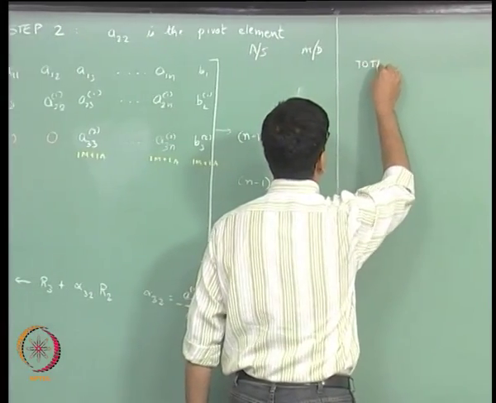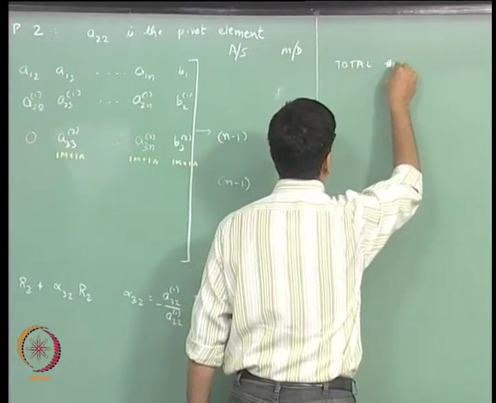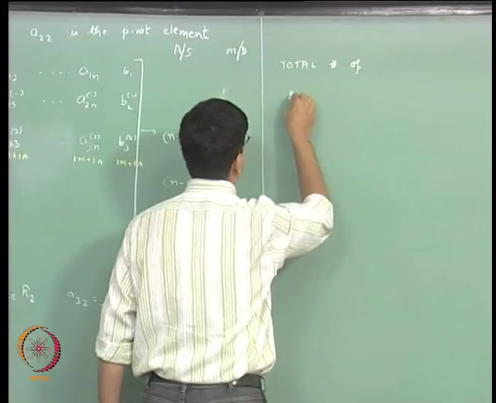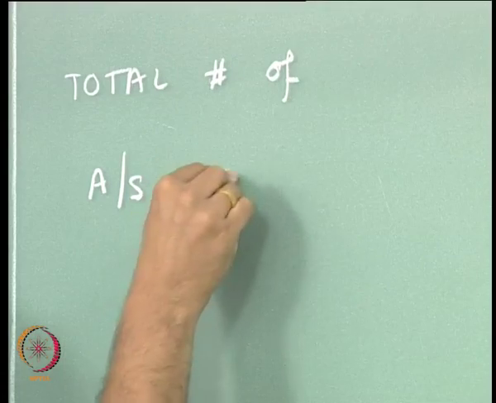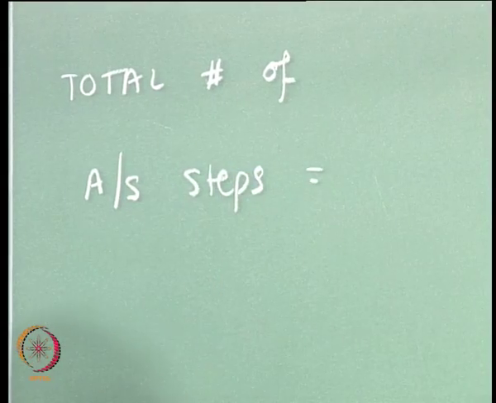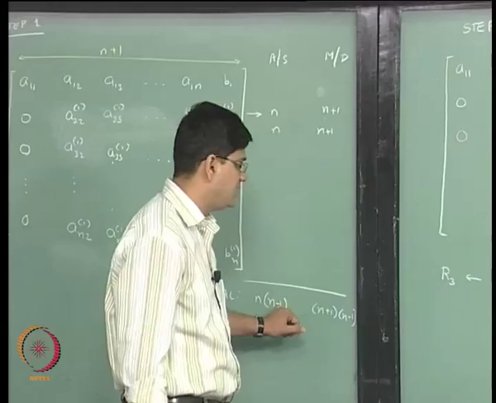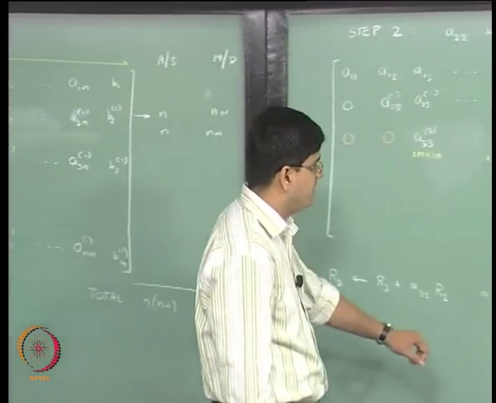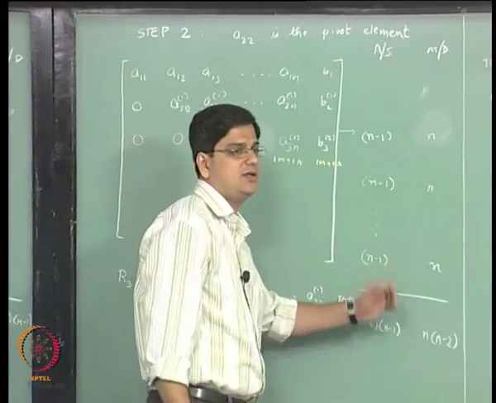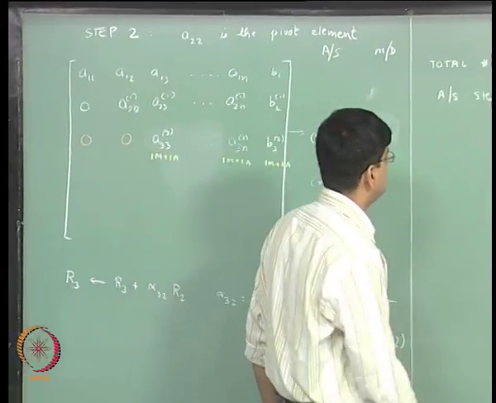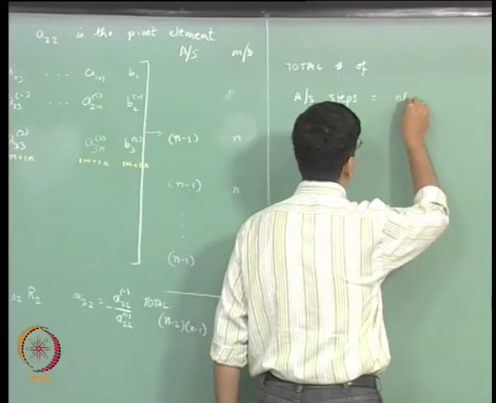So total number of addition subtraction steps are going to be equal to, okay, we go back over here, n multiplied by n minus 1, then n minus 2 multiplied by n minus 1, n minus 3 multiplied by n minus 2, and so on and so forth.